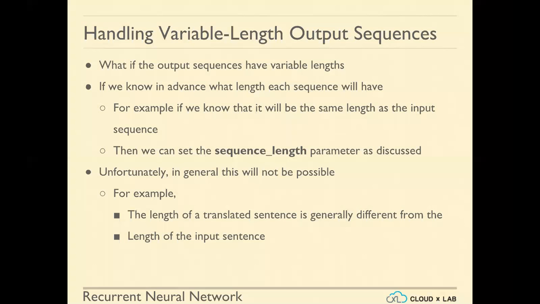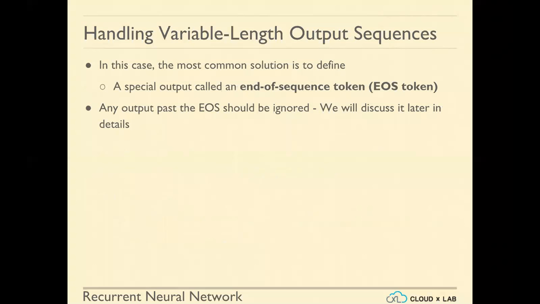Therefore, it is hard to figure out the length of the output. Therefore, the most common solution is to define a special output called the end of sequence token, EOS token. Any output past the EOS should be ignored, and we will discuss it later in detail. Essentially, we generate the EOS token as part of our main logic.